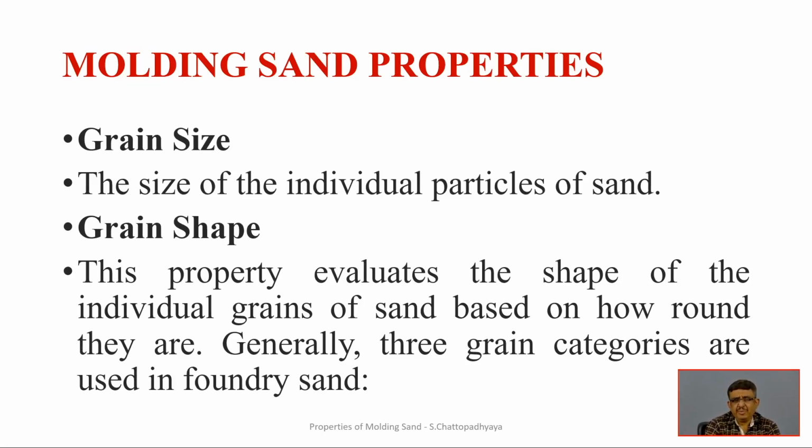So this property, grain shape, evaluates the shape of the individual grains of sand based on how round they are, and generally three grain categories are used in moulding sands, with all those different geometrical properties, and on the basis of that we ensure the correct behavior pattern and characteristics of those sands.